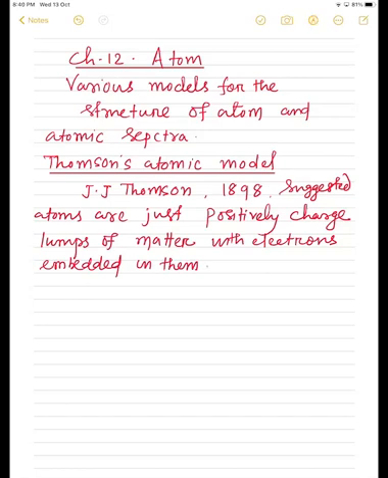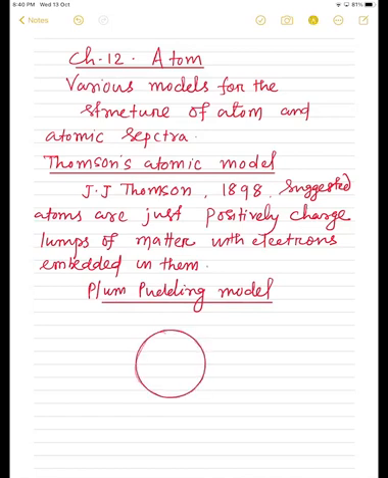And this model is also called the plum pudding model. Why is it known as the plum pudding model? Like this, students: the atom is totally positively charged as per Thomson's atomic model.